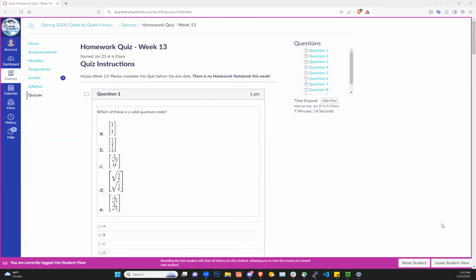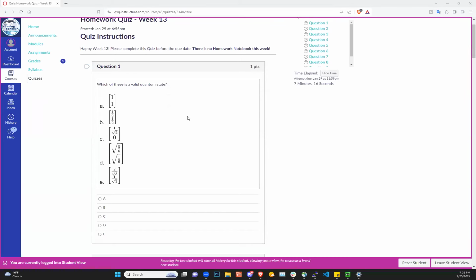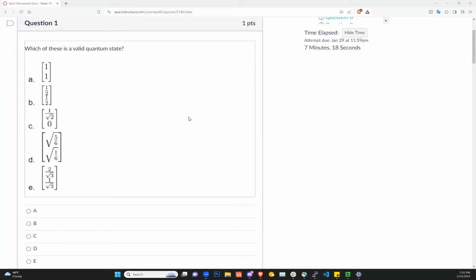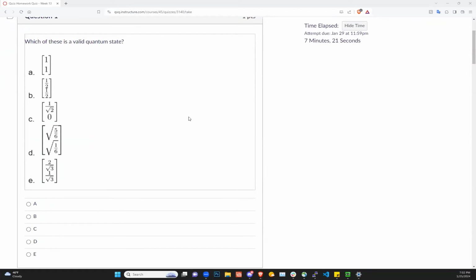When you first open the homework quiz, this first question asks, which of these is a valid quantum state? Whenever you see that kind of wording, whether it be valid quantum state or which of these represents a quantum state, when it's asking you if a vector is an actual quantum state, the first thing that should pop into your head is: is this vector normalized?